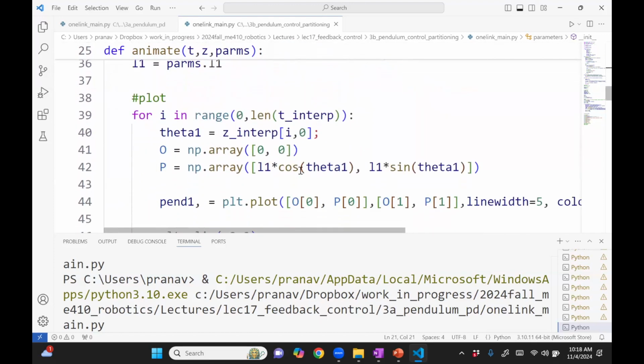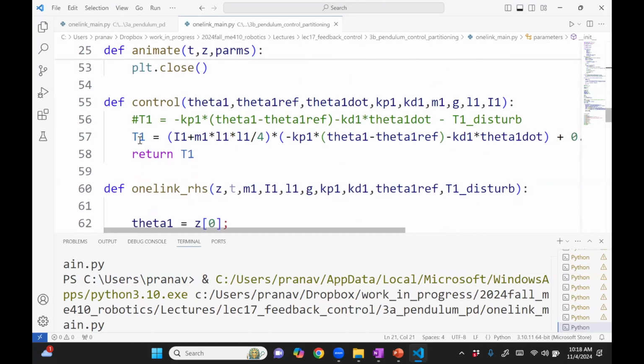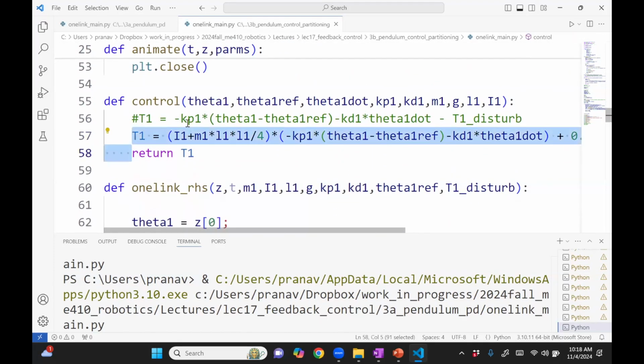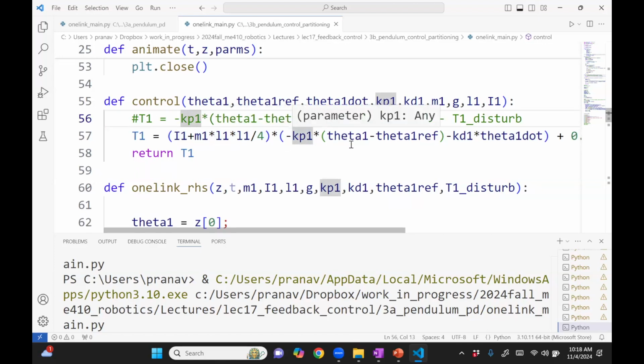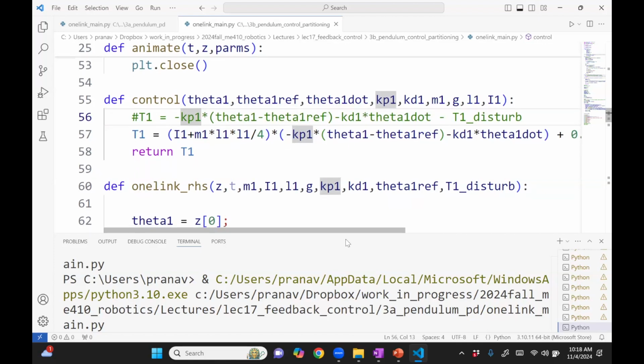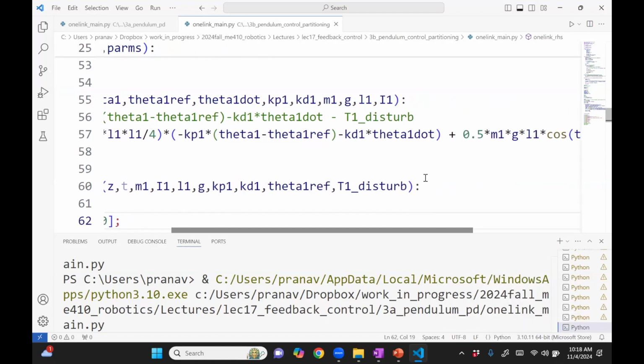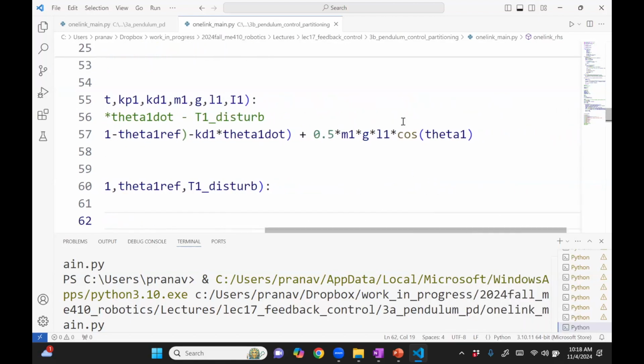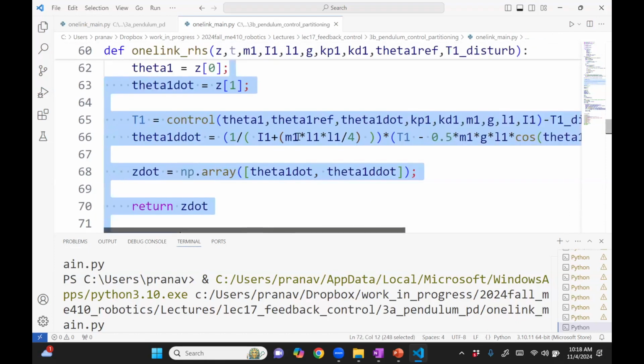The only thing which is going to change between the two is this equation. Here we have, I fed m times Kp (q ref minus q) minus Kd times q dot, that's here. And then I have to supply it with an estimate for the gravitational term. That's the control partitioning form. So let's run this.